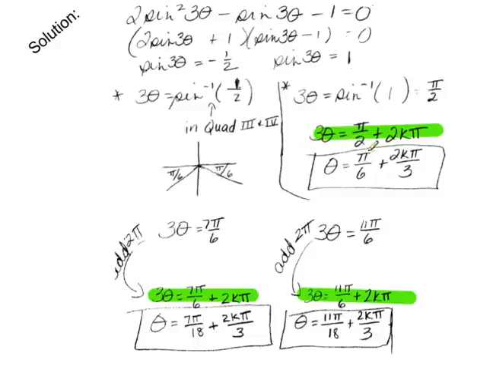I divided pi over 2 by 3 and also 2k pi over 3. There is my first part of my answer. Then this one did the same thing as well, divided the whole thing through by 3, and now I have a 3-part answer. This guy, and this guy. Those are my solutions.